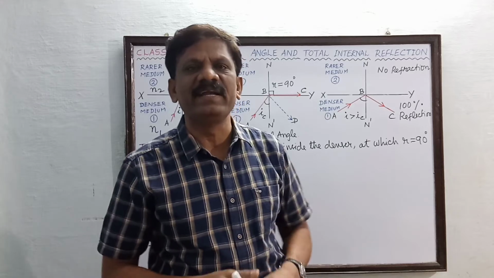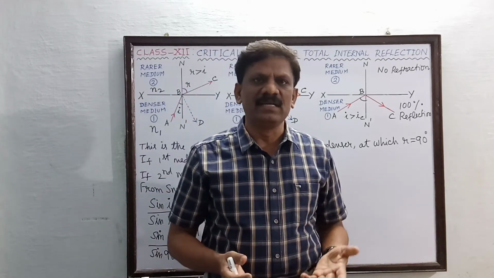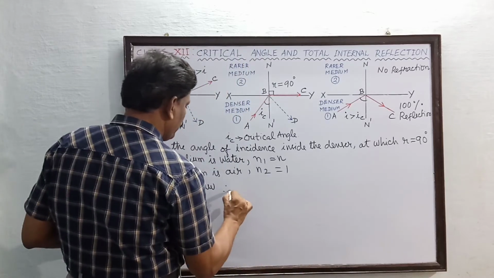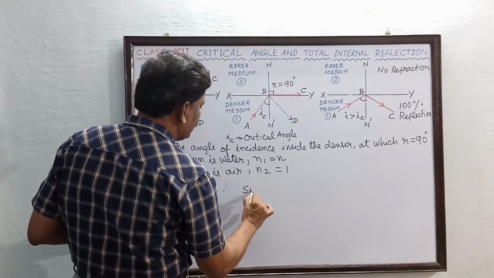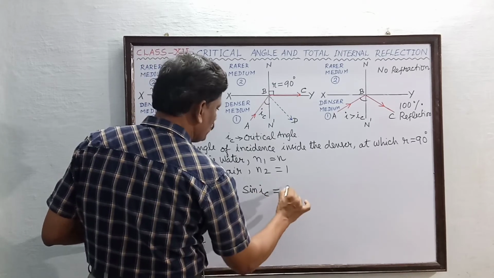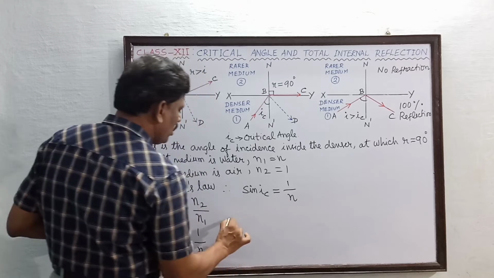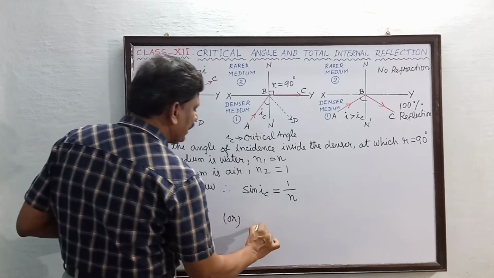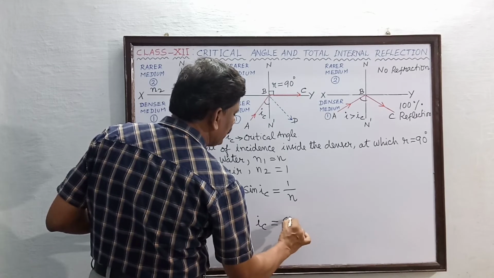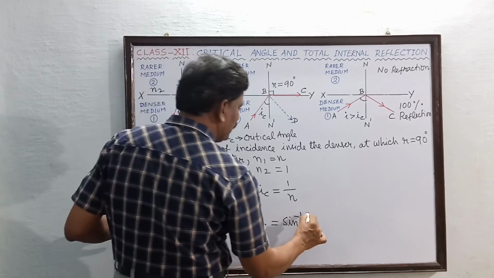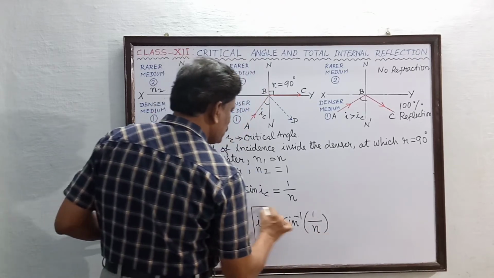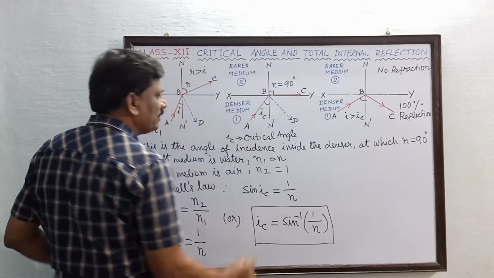What is the value of sine of 90 degrees? Sine 90 is equal to 1. Therefore, sine IC is equal to 1 by N, or the critical angle IC is equal to sine inverse of 1 by N. That's all. The derivation is over.